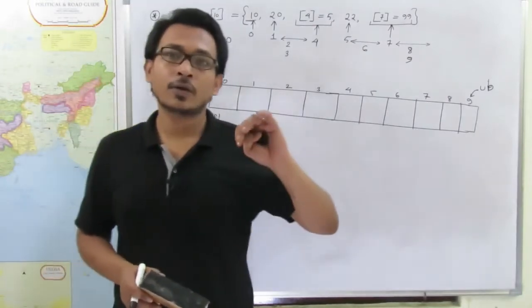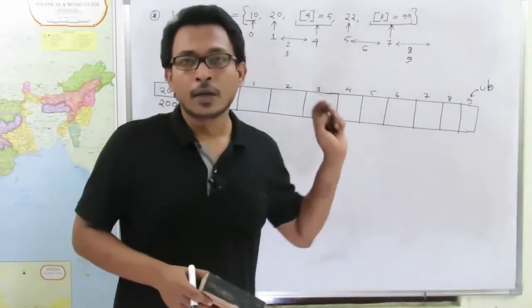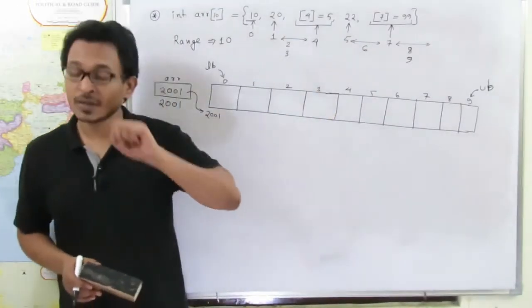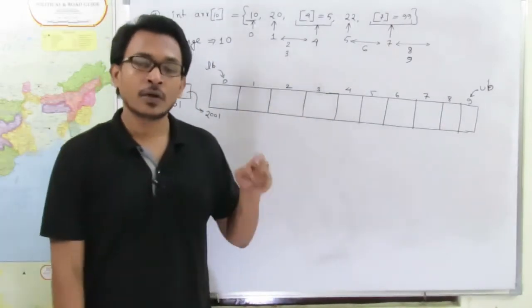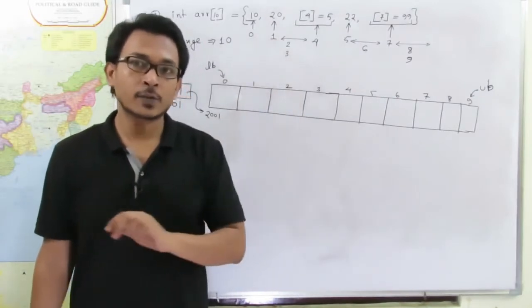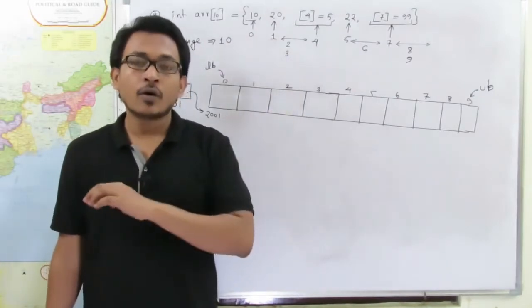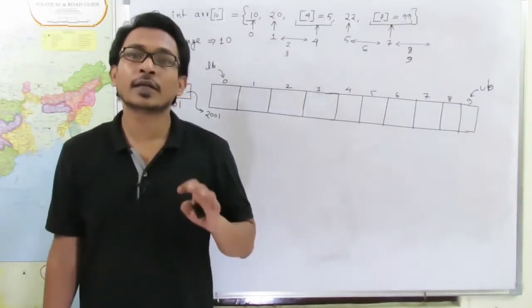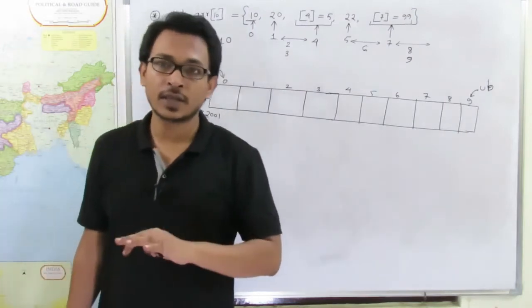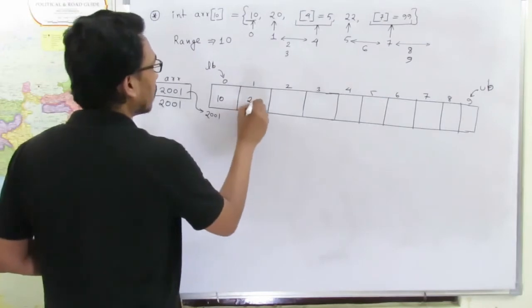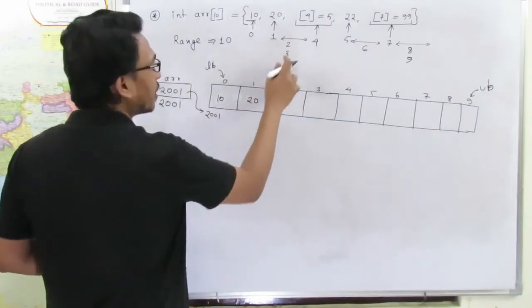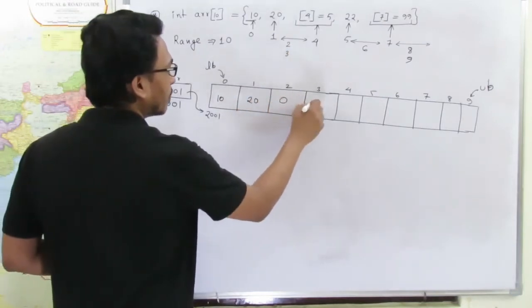So how will the system initialize the array? Look, for the indices for which we already specified a value, the values will be stored at the respective index, and all the remaining indices will be initialized with value 0. Clear? So here 10, 20, and for 2 and 3 we did not specify any value, so it will be 0, 0.